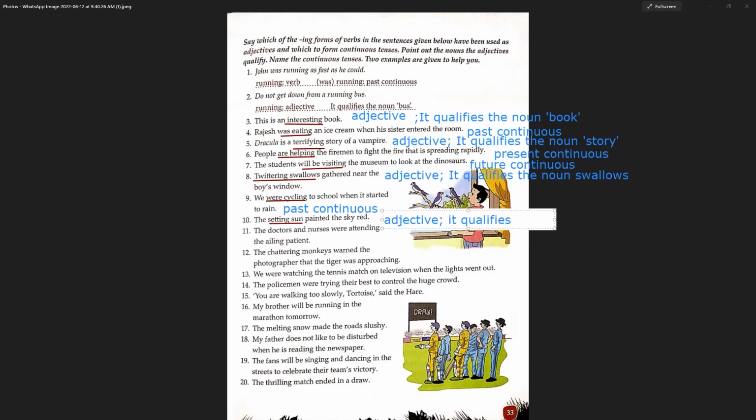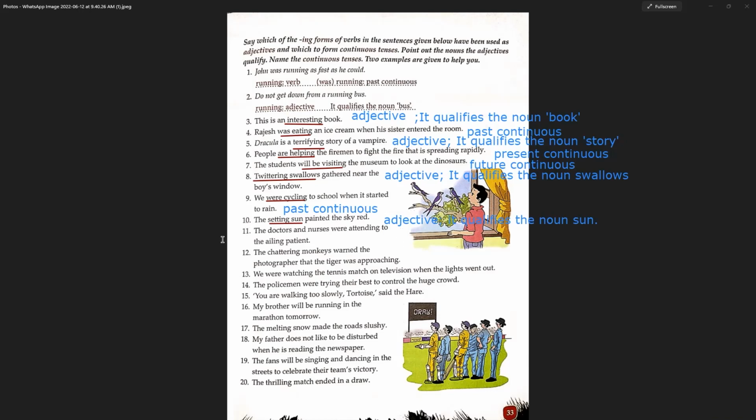It qualifies the noun. What is the noun that setting qualifies, Methuni? Sun. Okay, sun. Okay, right.